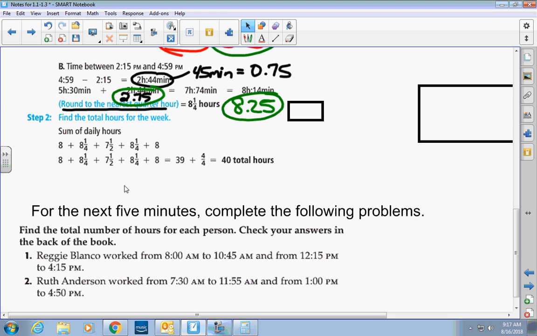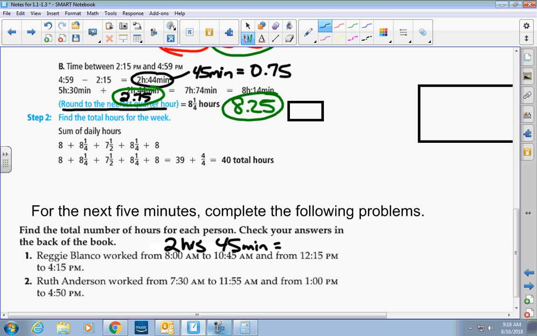Okay, so the total number of hours for each person, and just in case you're curious, these are in the back of the book. So Reggie Blanco goes from 8 a.m. to 10:45. So I know 8 to 10, so that's 8, 9, 10, that's 2 hours. And 45 minutes.